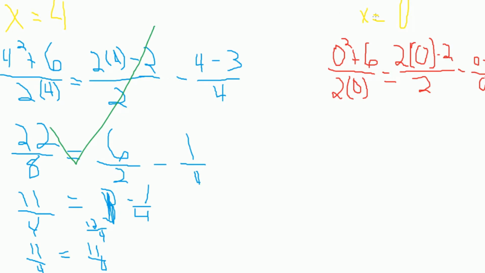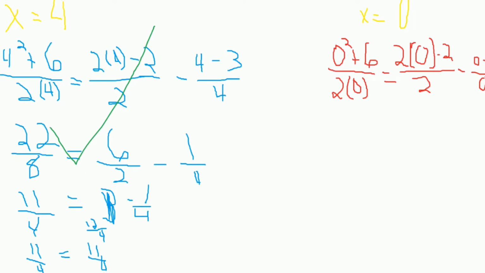How about x equals 0? So we have 0 squared plus 6 over 2 times 0 equals 2 times 0 minus 2 over 2, minus 3 over 0. Sorry.